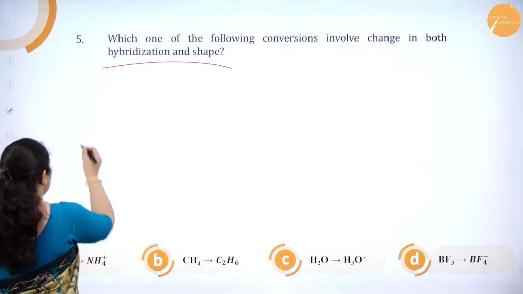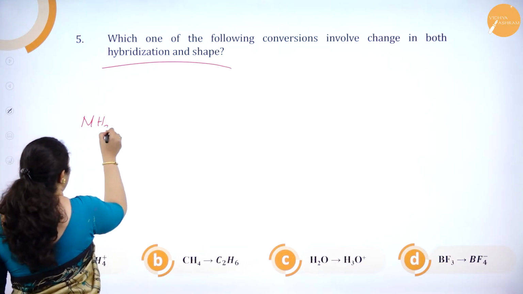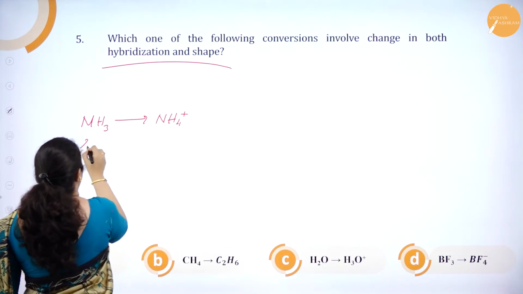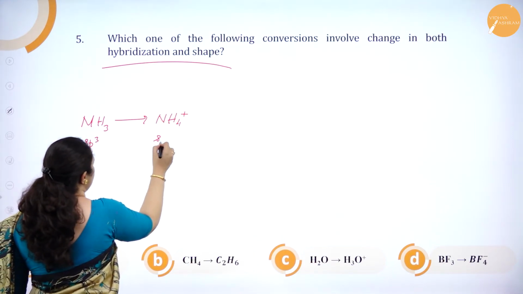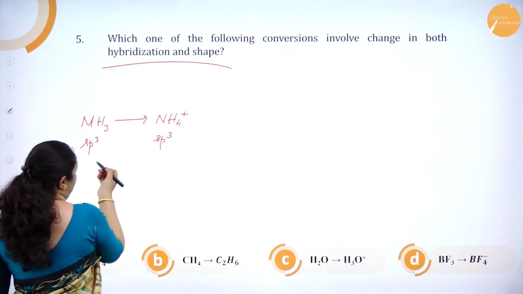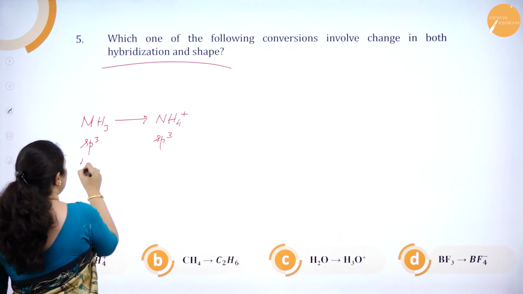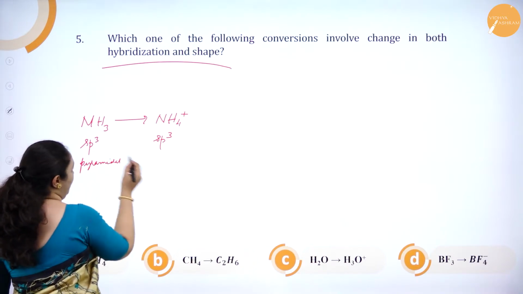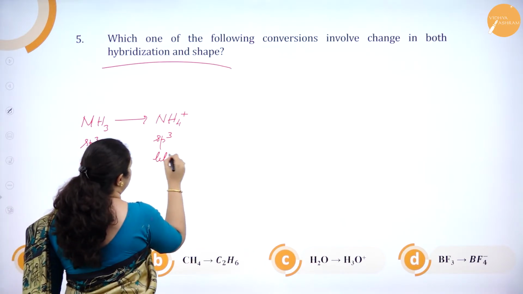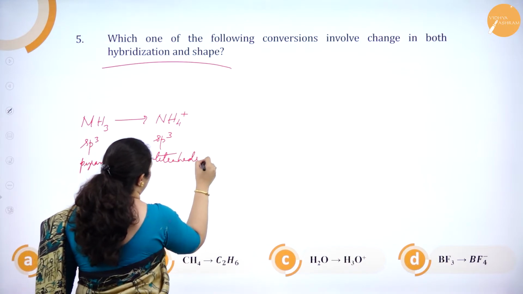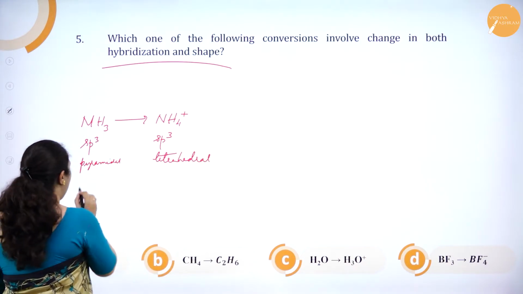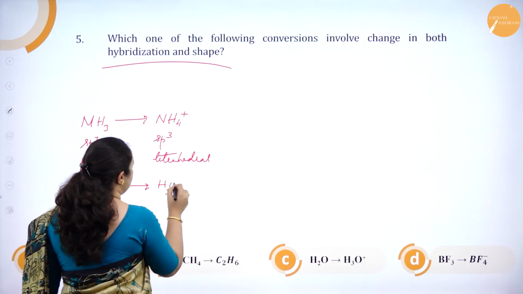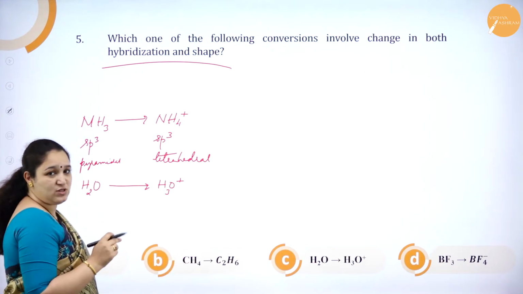First, if you see NH3 to NH4 plus, both are sp3 hybridized, but the shape is changed. Here it is pyramidal due to the presence of a lone pair. Here it is tetrahedral. Same way, H2O to H3O plus, the number of lone pairs of electrons differ.